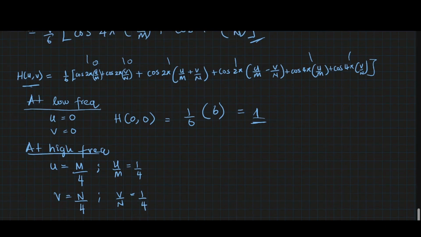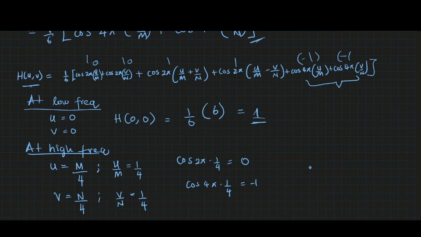Now if we substitute this back into the equation, cos 2 pi times 1 over 4 is basically equal to 0, plus cos 4 pi times 1 over 4, that is in this case going to be equal to minus 1. So it's going to be minus 1, minus 1, cos 2 pi times 1 over 4 minus 1 over 4. That will be cos 0. Again, cos 0 is 1.